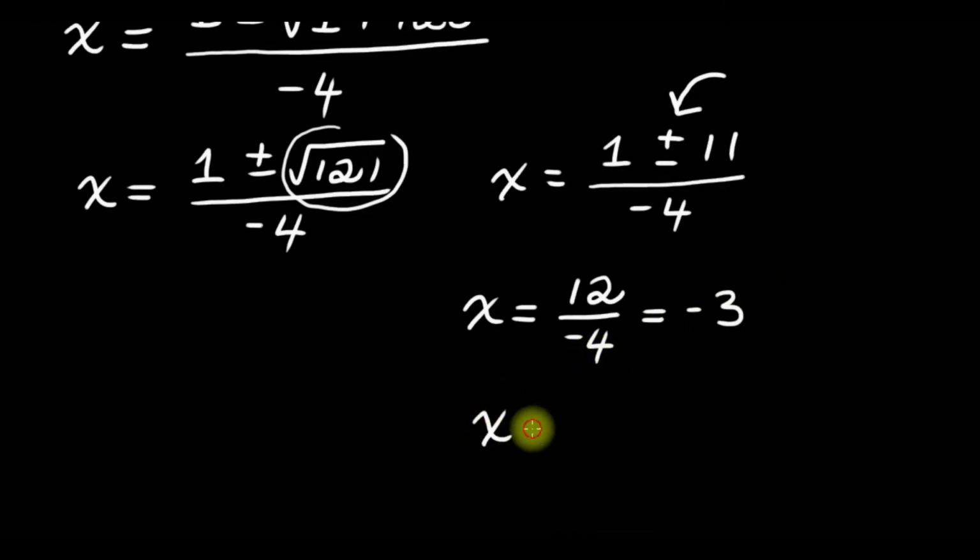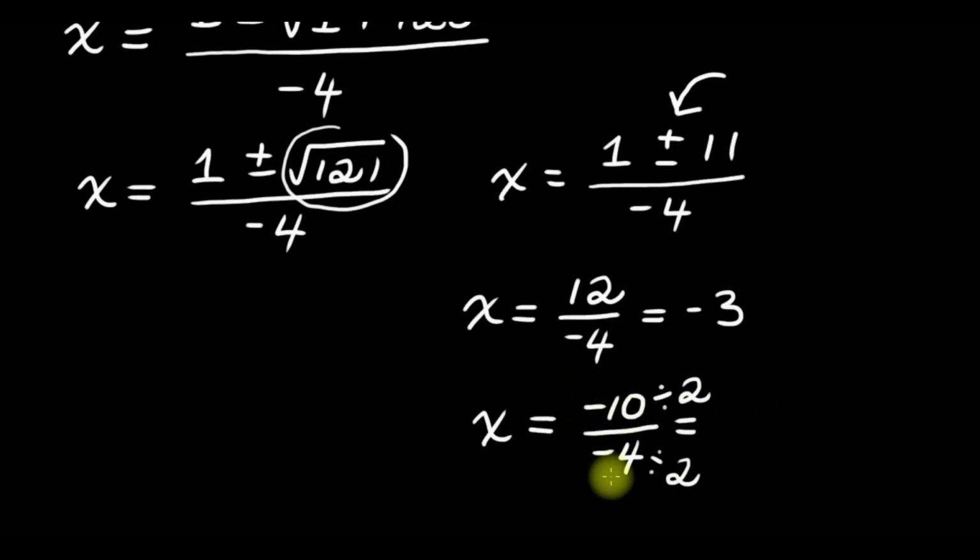The other one, x is 1 minus 11 is negative 10 all over negative 4. So 4 cannot go into 10 exactly. We're going to reduce it by 2. So divide this by 2 because 2 is your greatest common factor. Divide that by 2.